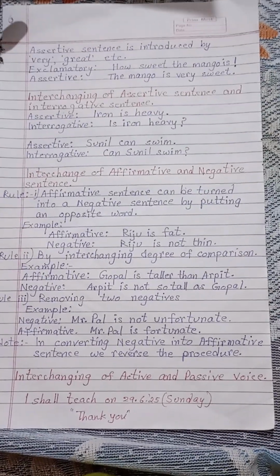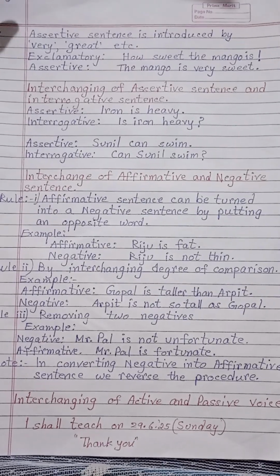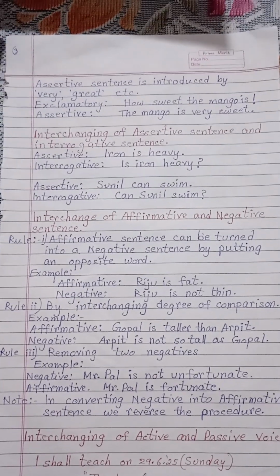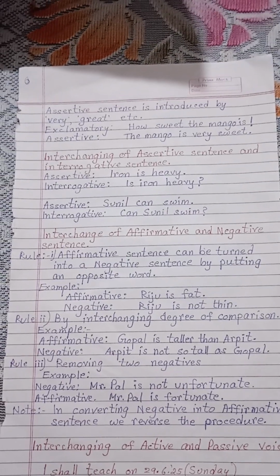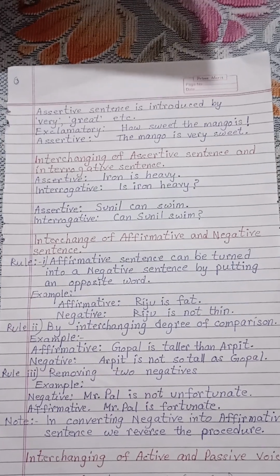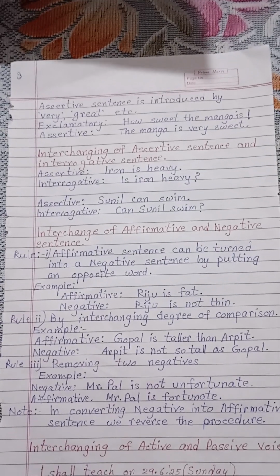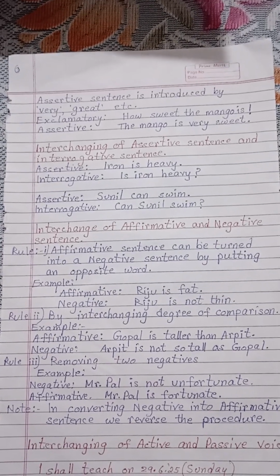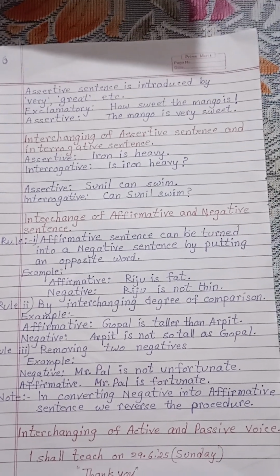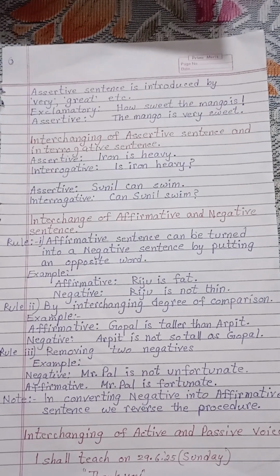Arpit is not so tall as Gopal. Here the negative sentence has not and so and as. Tall is the positive degree, taller is comparative degree. So we have changed.